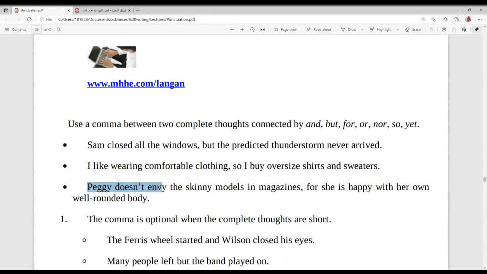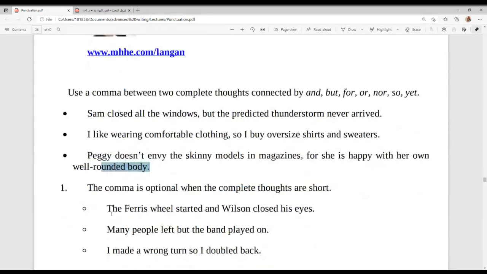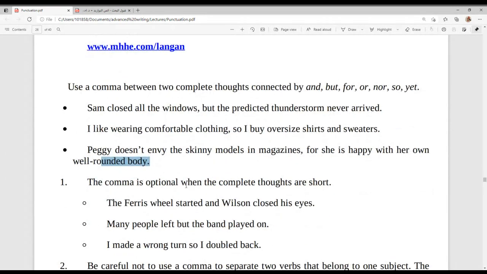Peggy doesn't envy the skinny models in magazines, comma, for she's happy with her own well-rounded body. Now the comma is optional when the complete thoughts are short.